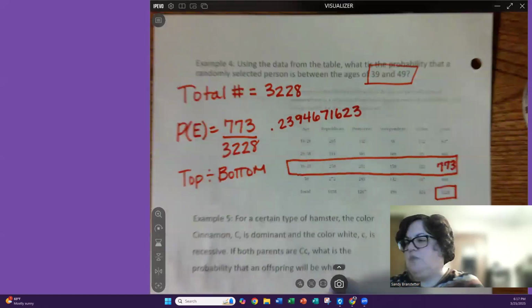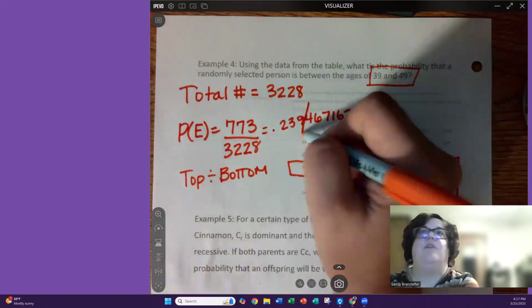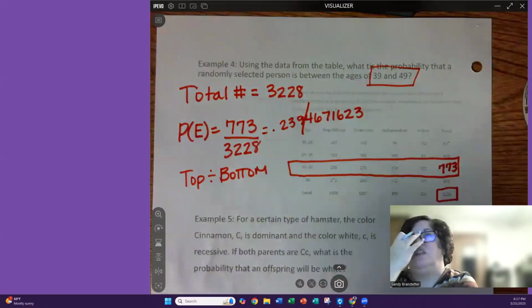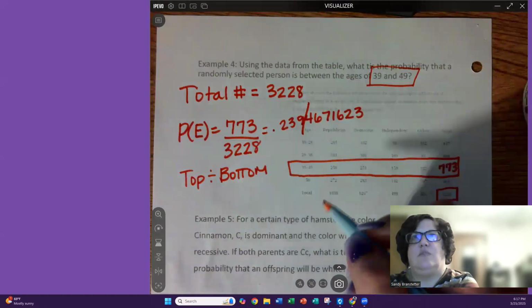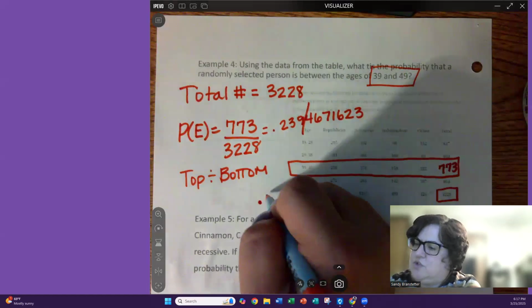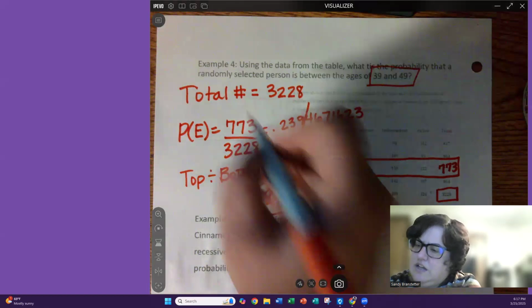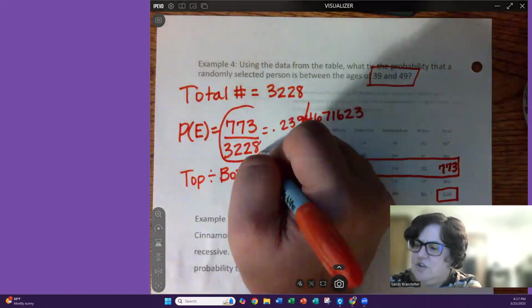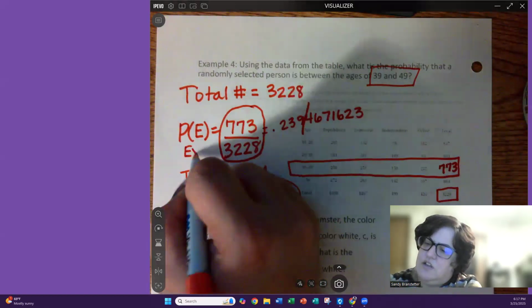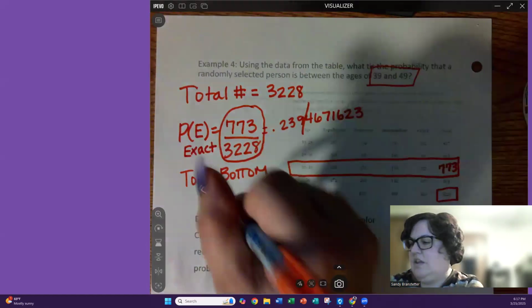Again, anytime we're dealing with decimals, we're going to use a rule of thumb of 3 decimal places unless it tells us otherwise. So this answer is going to be 0.239. Again, if we want an exact answer, then we're going to leave it in fraction form.